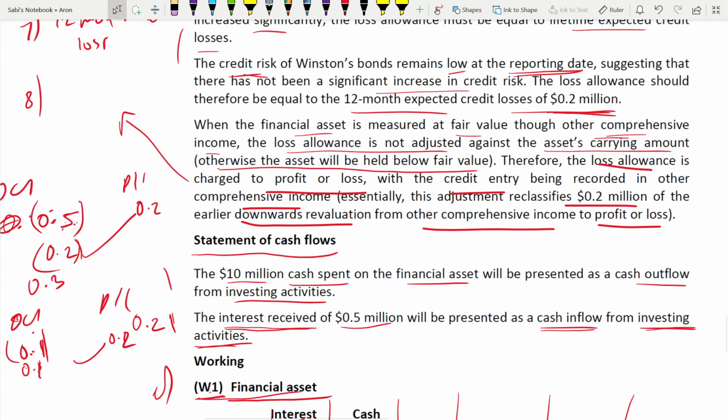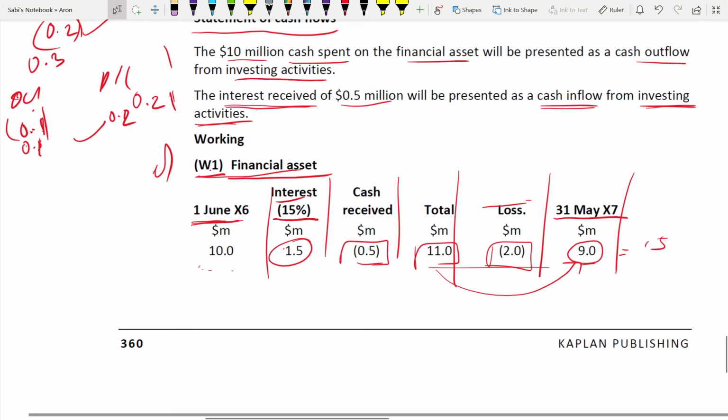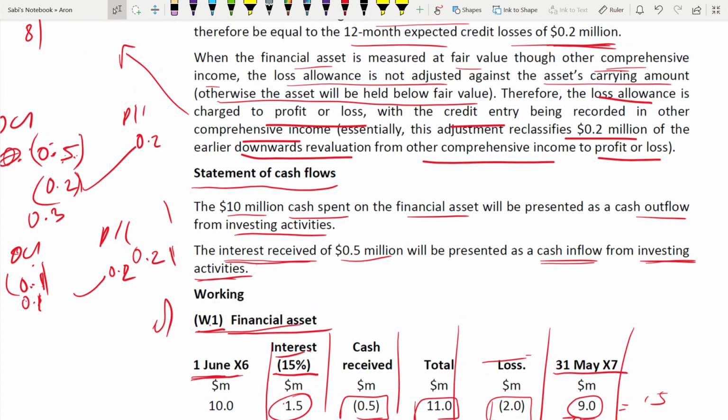Now we are coming to the statement of cash flow. So you have now understood how the 10 marks are given. If you see, it is cash received 0.5.